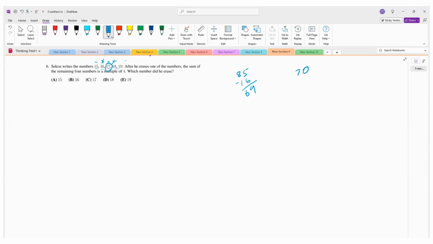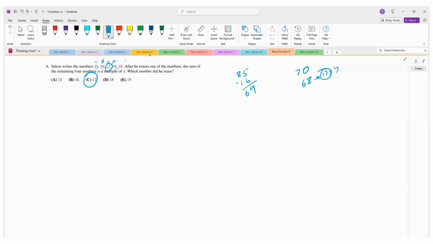If I subtract 17, I get 68, and I can see that this is already a multiple of 4. This is 17 times 4. So I know that the answer is 17. But if we were not lucky and it was not 17, you'd just have to try one more number.